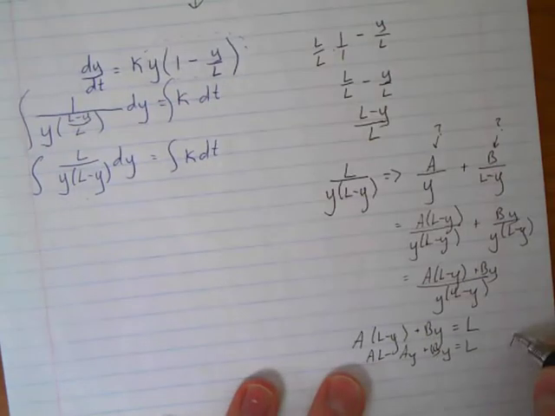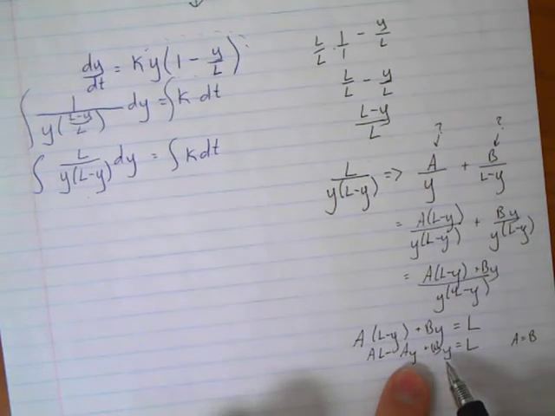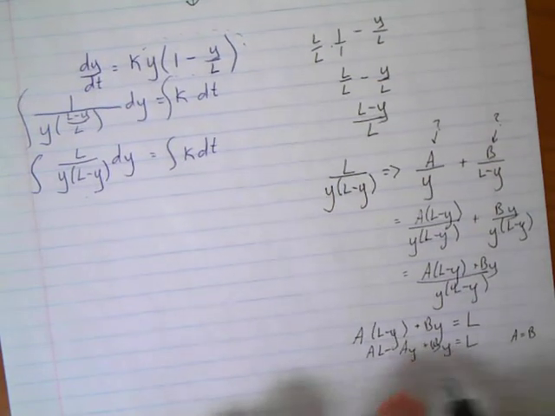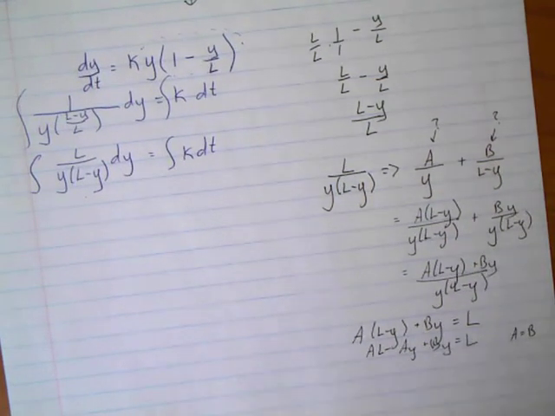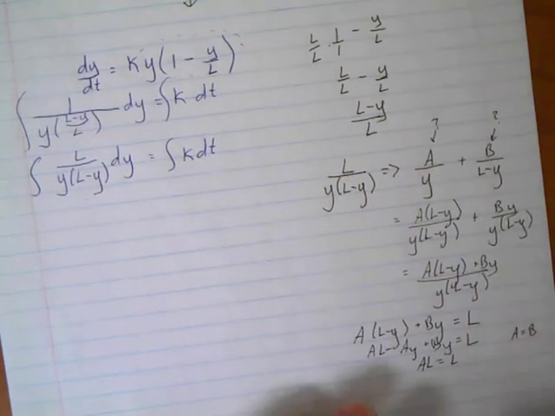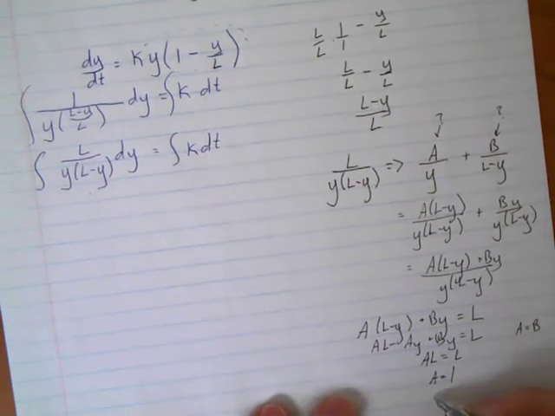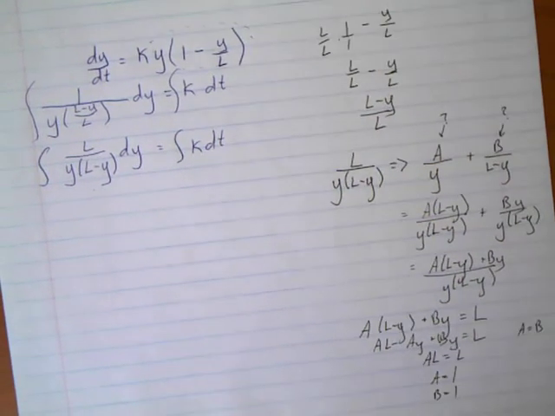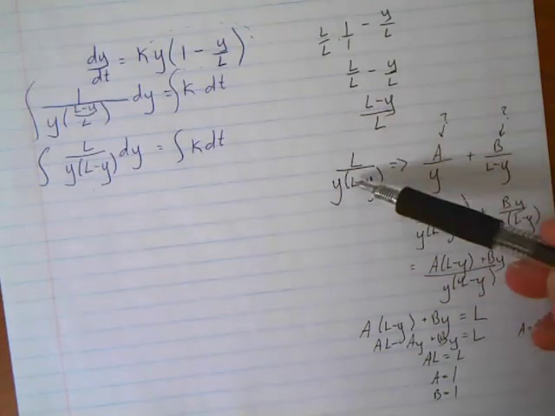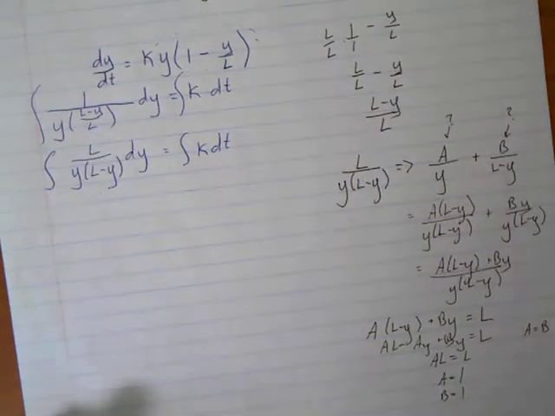What that means is that A must equal B so that the y's go away, because they have to go away in order for us to only have L on the top. So we have AL equals L, or A equals 1. And since A equals 1, we know that B is also equal to 1. So if we want this fraction split into two fractions, this would have to be 1 and this would have to be 1.